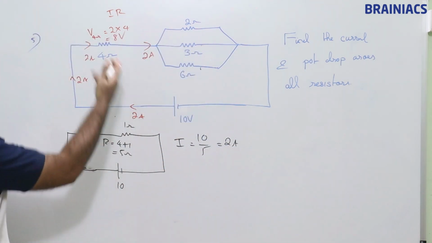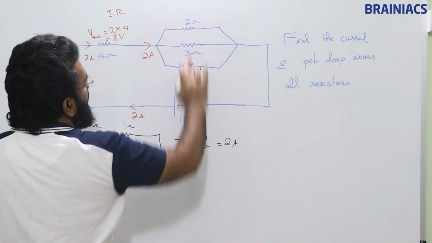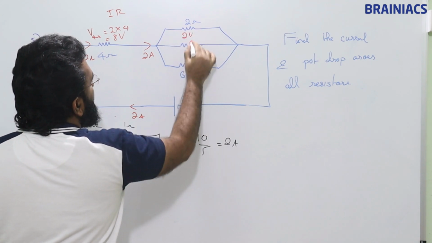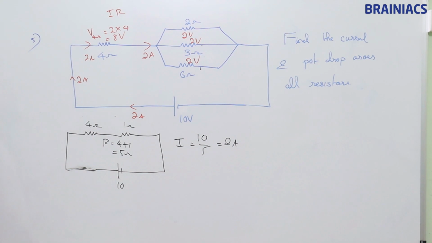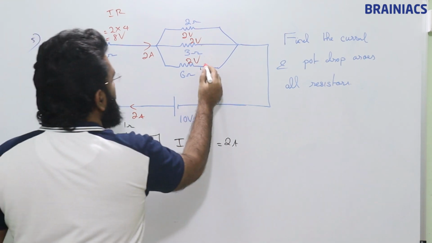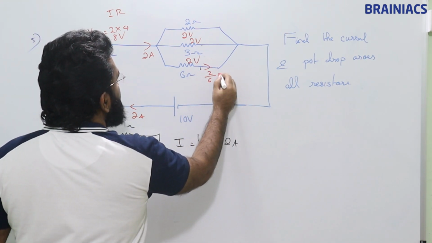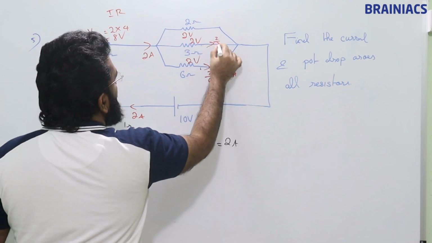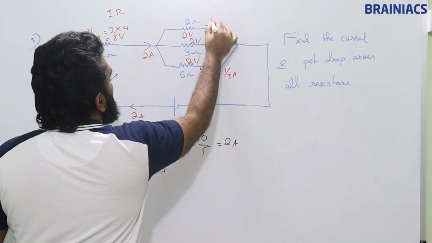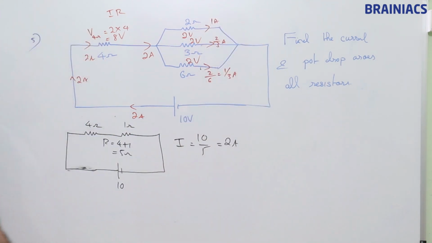How much is remaining? Only 2 volt is remaining. These are all parallel, so it will be 2 volt across each. So the current through this is 2 by 6, that is 1 by 3 ampere. Current through this is 2 by 3 ampere. Current through this is 1 ampere. This is one way of calculation.